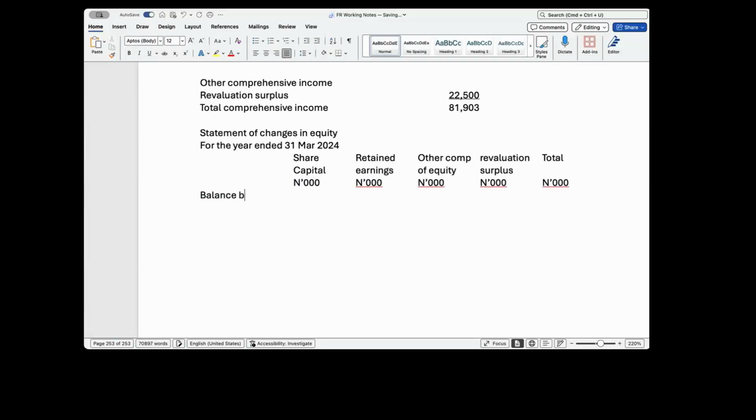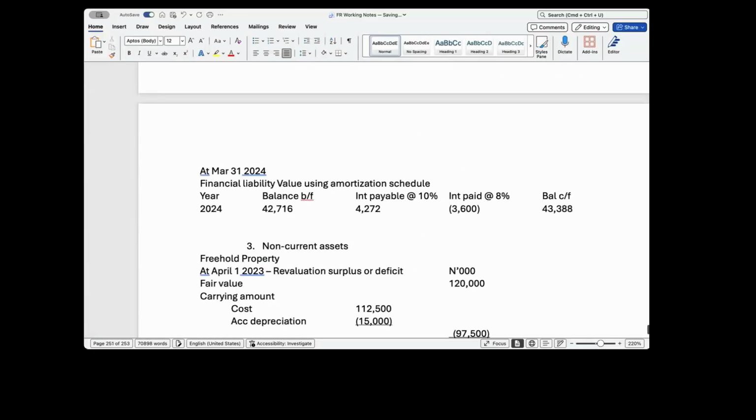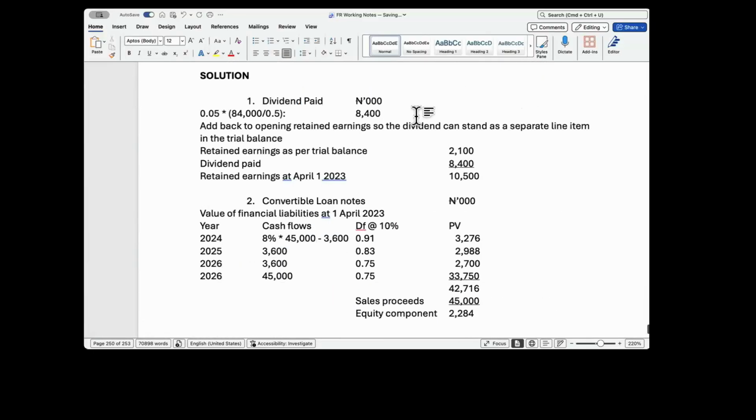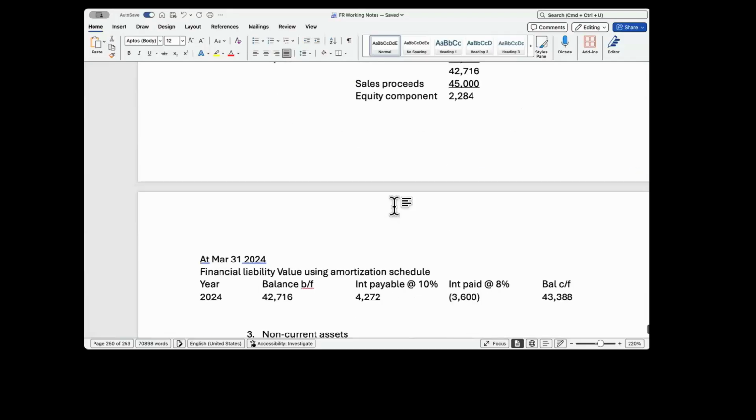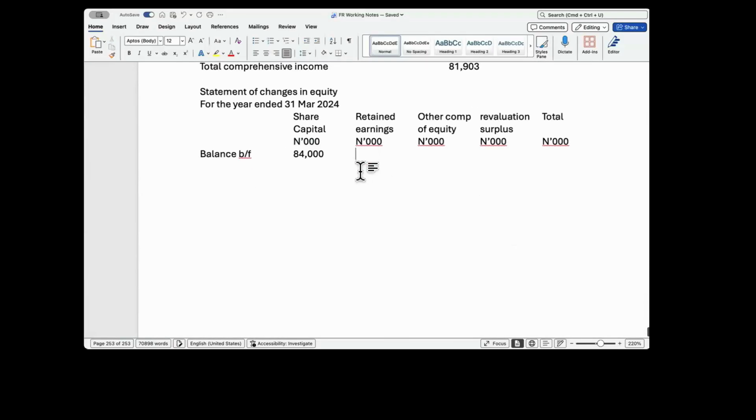So my balance goes forward. My retained earnings, I work back to 10,005 in my note 1. What's the addition of these two? 84,000 plus 10,005, 94,500.